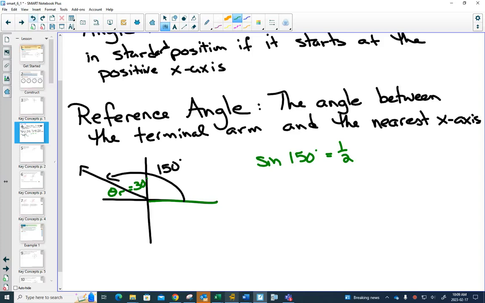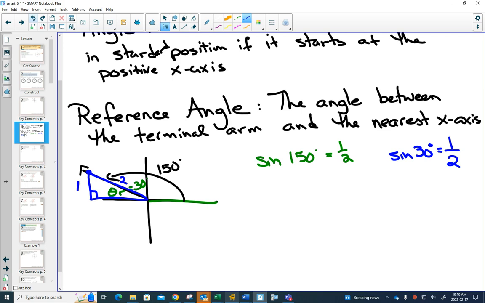However, with 150 degrees, if I use my reference angle and I choose any point on my terminal arm and I go down, I can make a right angled triangle there. And if I measure the sides, so I take out my ruler, I measure this side, let's say for simplicity this is 1, I measure this side, it happens to be 2, so then sine of 30 degrees is also 1/2.